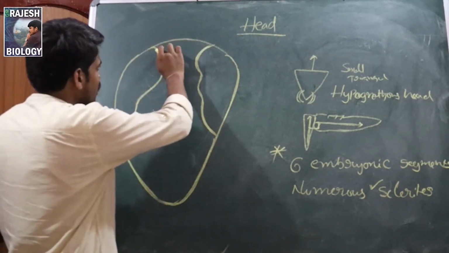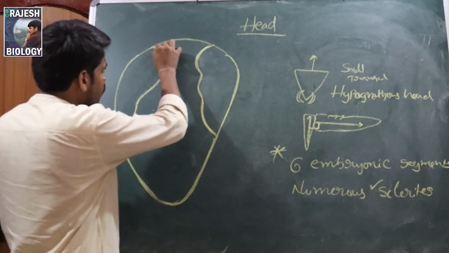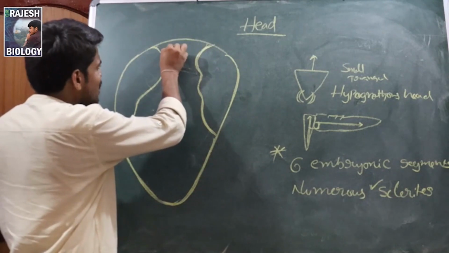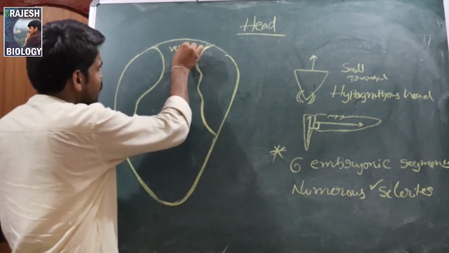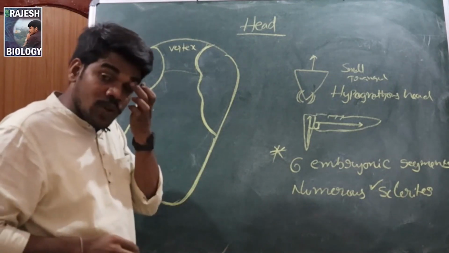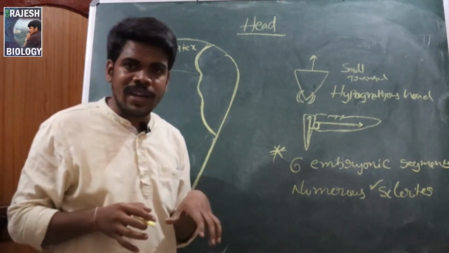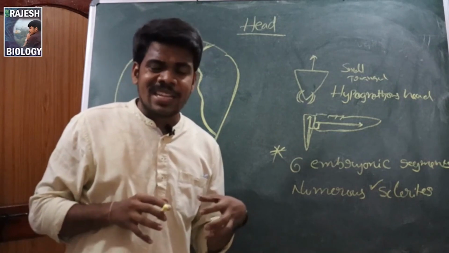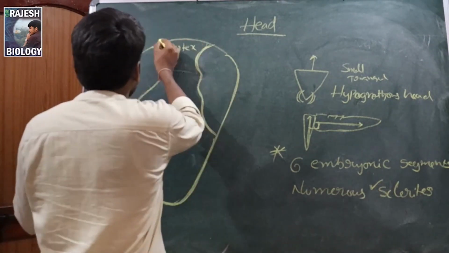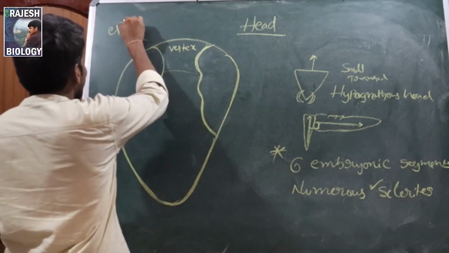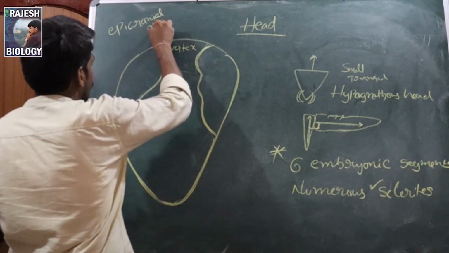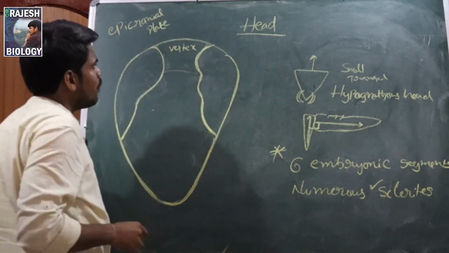The first one is the upper portion of the head. The upper, or posterior, portion of the head is called the vertex. This vertex is called the epicranial plate.